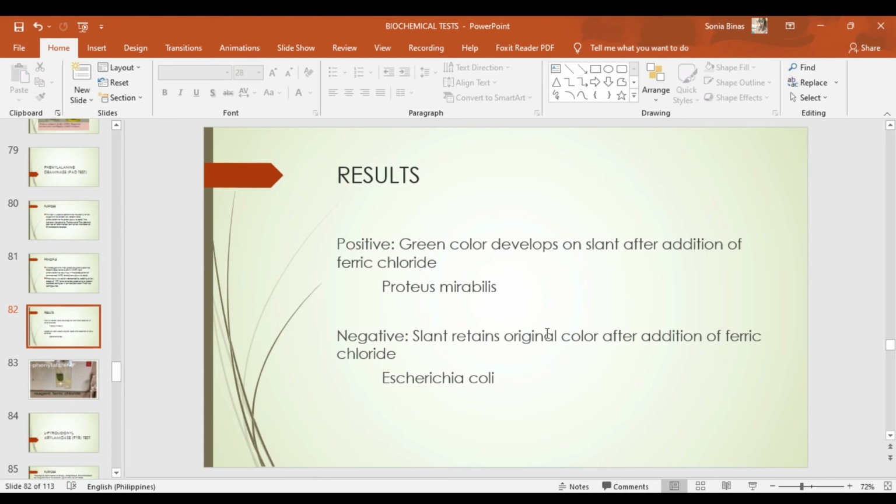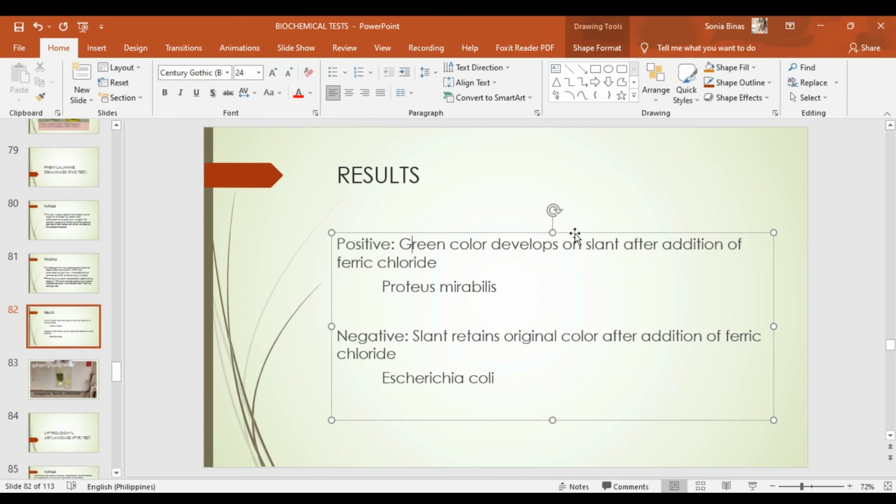After incubation, magdadagdag po tayo ng 4 to 5 drops of our 10% ferric chloride and observe for the production of green color, because the expected result will be the development of green color on the slant after addition of ferric chloride.